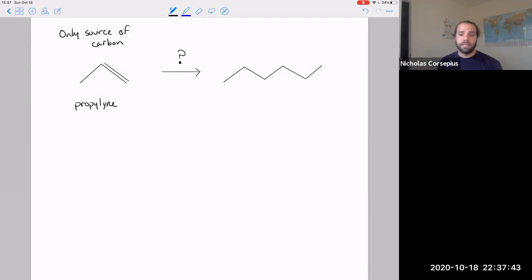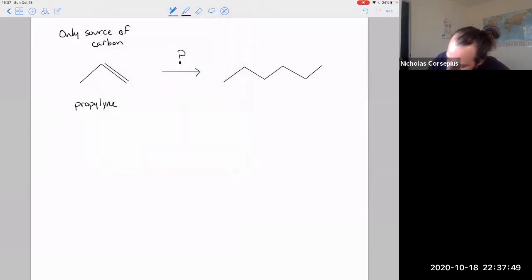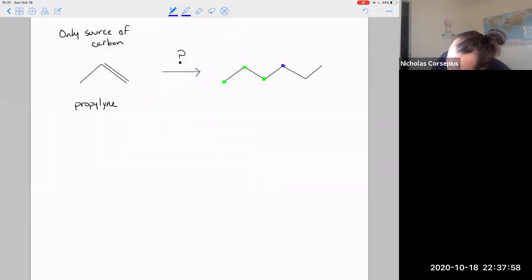Well, hexane's obviously got more carbons than propyne, right? So this is going to be my first thought process here, is that 1, 2, 3, that's one propyne unit. And 1, 2 here, that's going to have to come from another propyne.